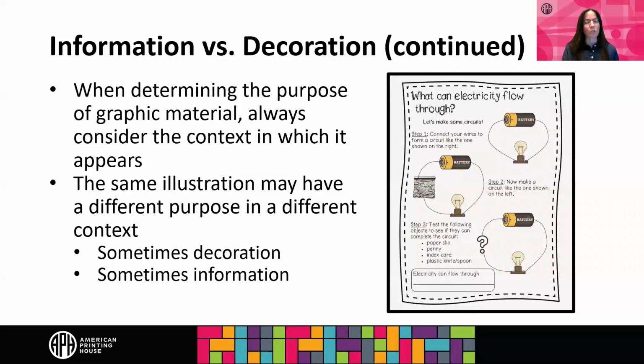Now, if I took the first illustration, the light bulb and the battery, and I put it at the top right of the first page of a test on electricity for my students, but nothing in the text refers to the graphic, and the student doesn't need it in order to complete the test successfully, it's just there for visual interest and as a reminder of what the class has been studying. In this case, it would be decoration rather than information, and it might actually distract from what my student needs to complete, and also will take time away from the information in the test that the student needs to refer to. So context really matters.